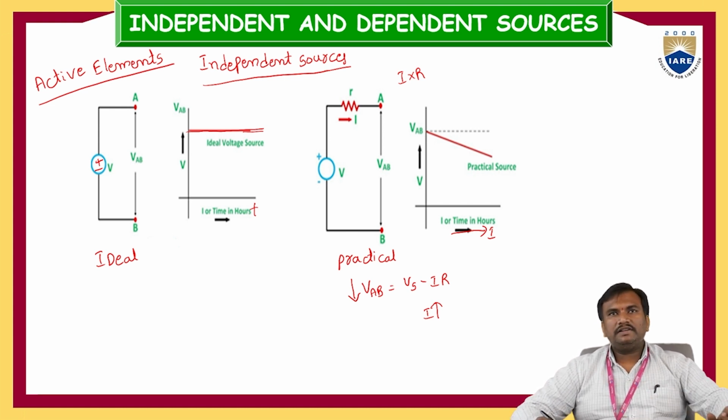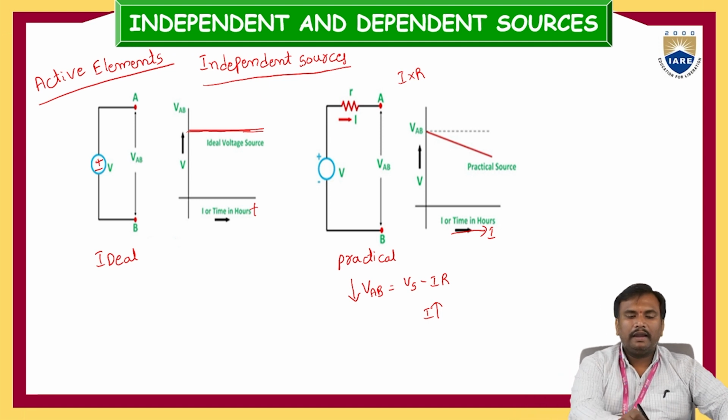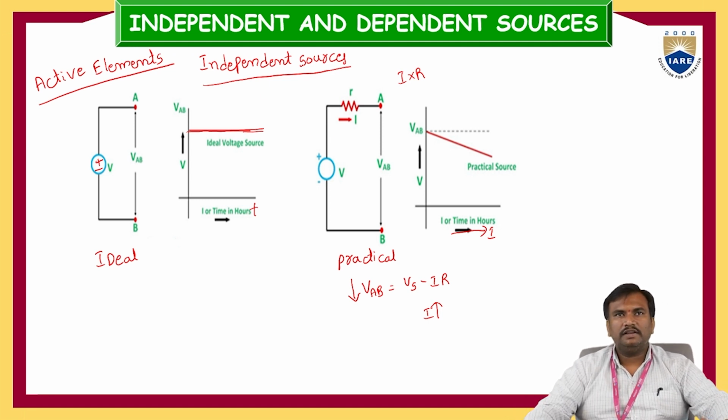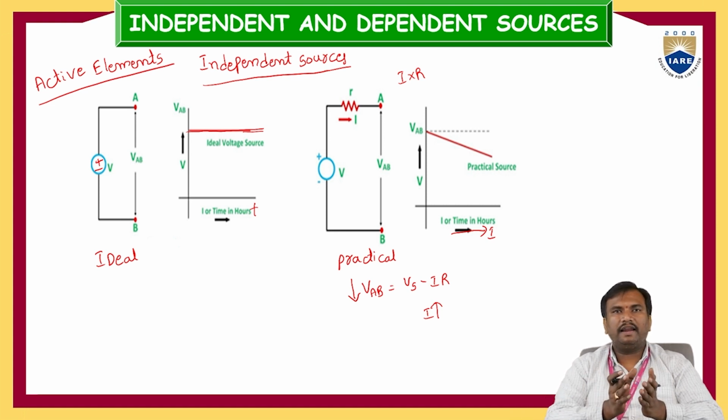In the active elements, first we are having independent sources. In the independent sources, first we are going with the voltage source. In the voltage source, again there is a classification between ideal voltage source and practical voltage source.